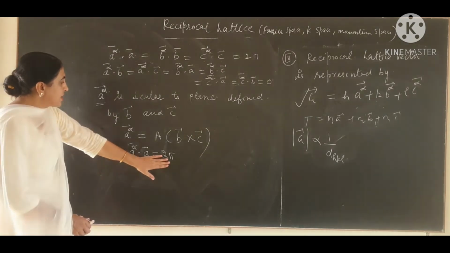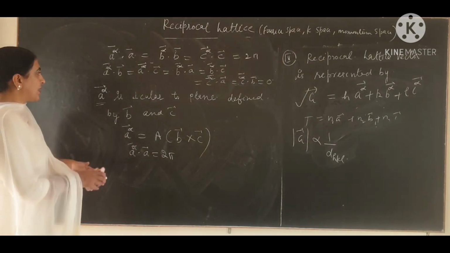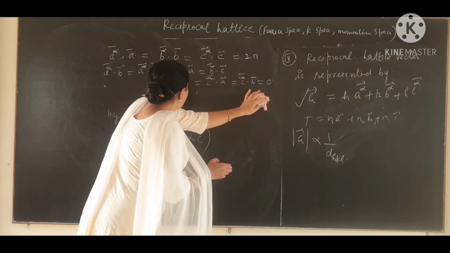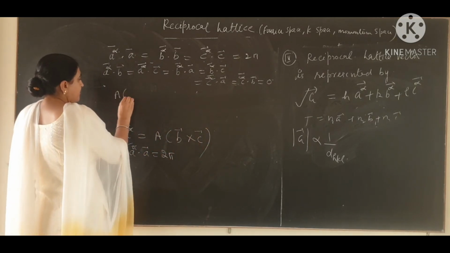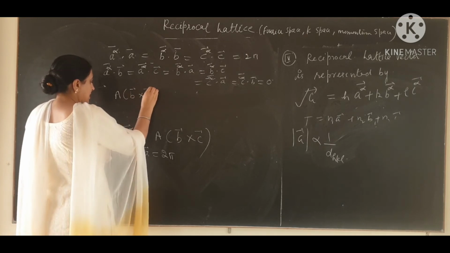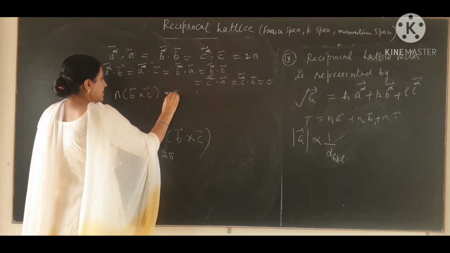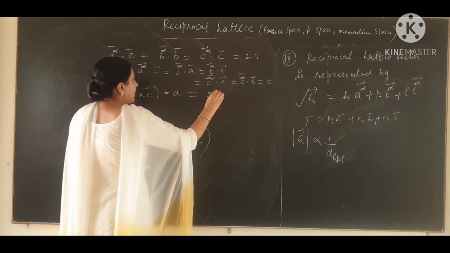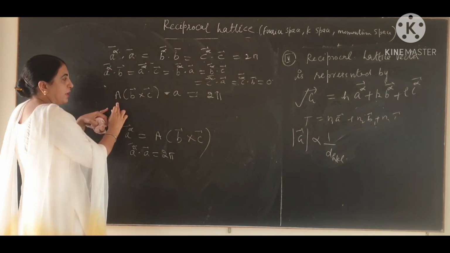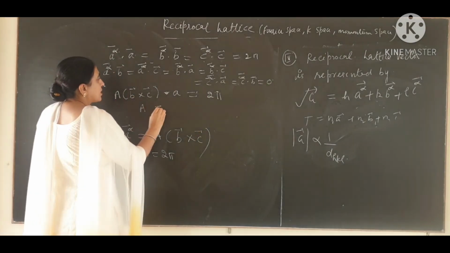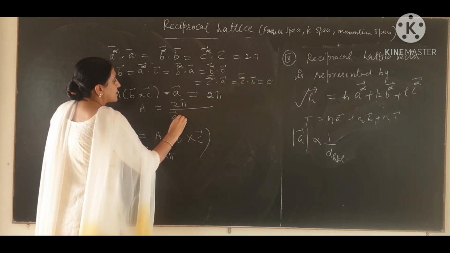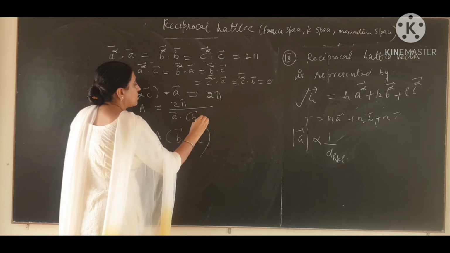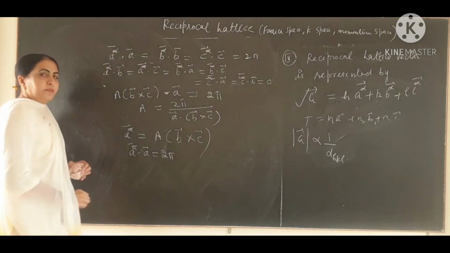So A star dot A is equal to 2 pi, put the value of A star here. So when we put the value of A star, what do we get? A, B cross C dot A is equal to 2 pi. So from this you can find out the value of A. A is equal to 2 pi upon A dot B cross C. Clear?